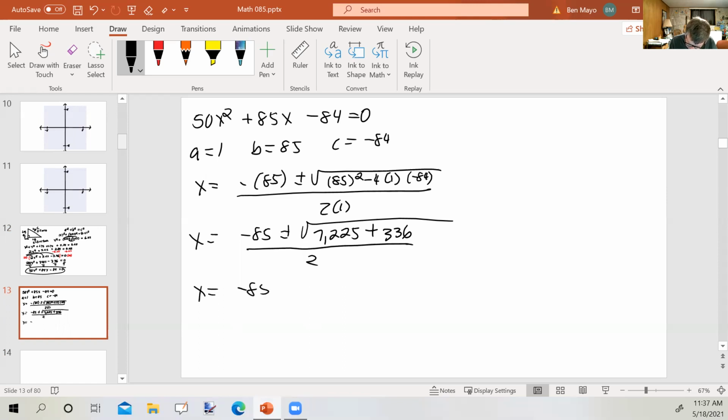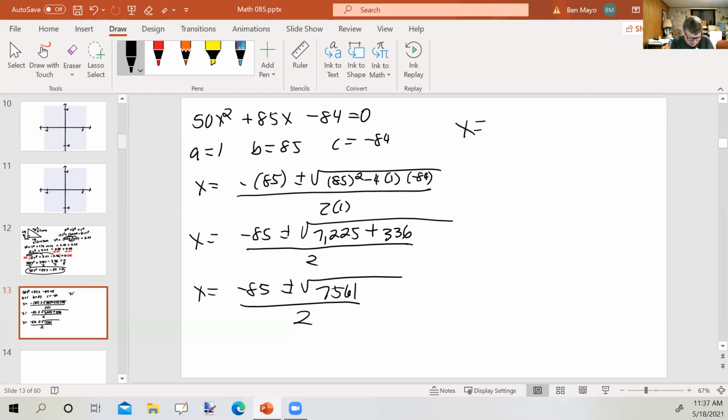X equals negative 85 plus or minus the square root of, let's see, 336 plus 7225 is 7561 all over 2. Now, let's see if 7561 is a perfect square.